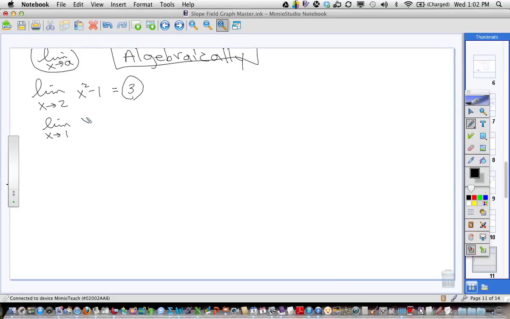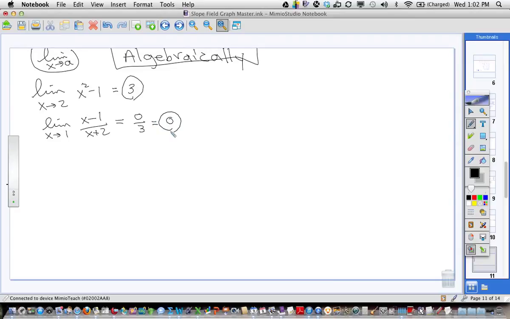If you had this problem here, limit as x approaches 1, of x minus 1 over x plus 2, again, direct substitution, you plug in a 1, what do you get? 0 over 3, but that's just 0, which is just a number.